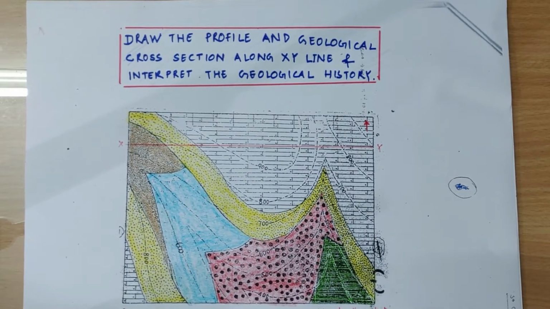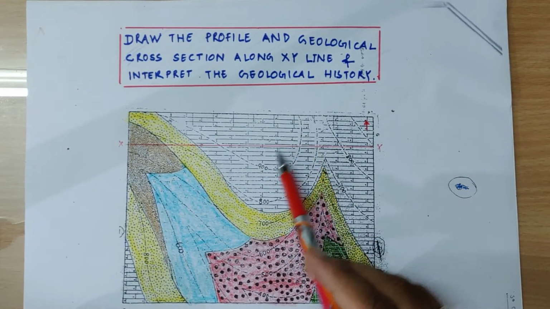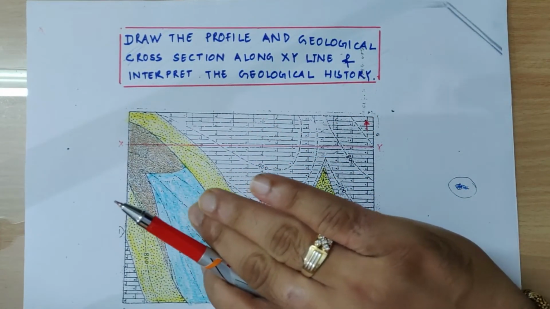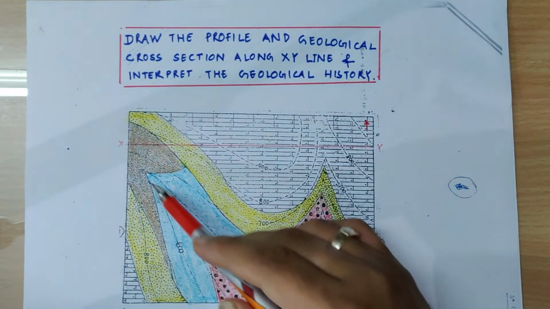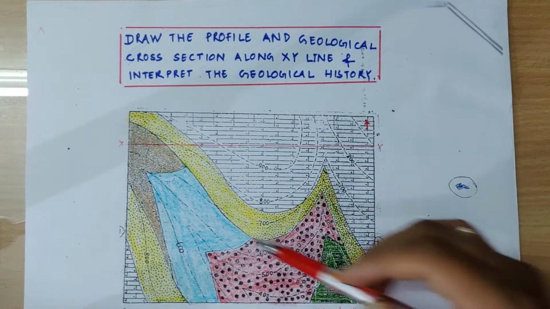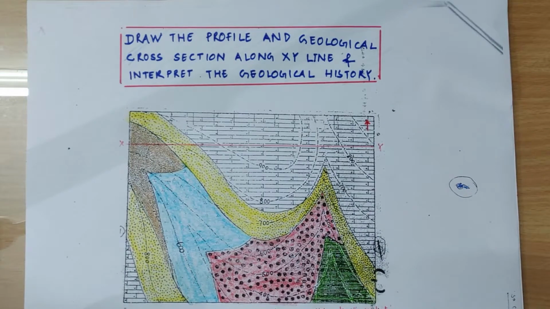In another word, we can say the minimum relief of the area is more than 300 feet but less than 400 feet, and the maximum relief of the area is more than 900 feet but less than 1000 feet. We observe in the southern region we have least relief, and in the northern region the relief is higher. Here is some valley, the hills are rising like this, and in between we have a hill, and in between we have valleys here and here. So we have now explained the topography of the area.